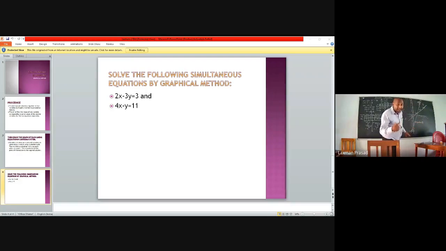Then the value of y is 3. This point, x is 6 and y is 3.